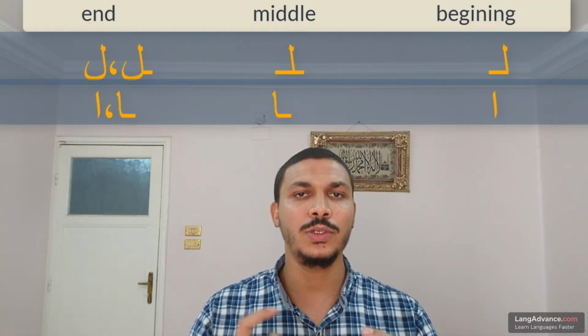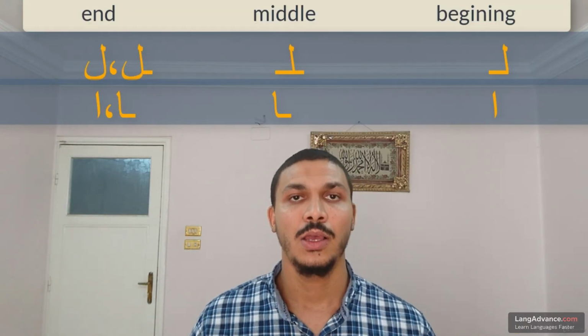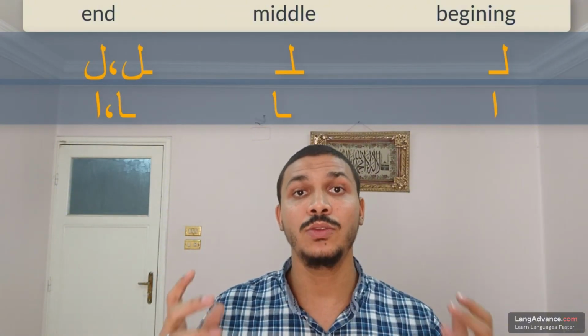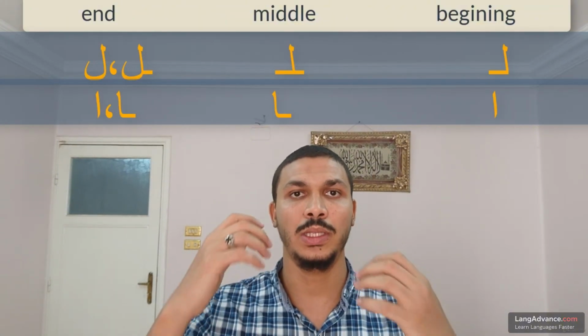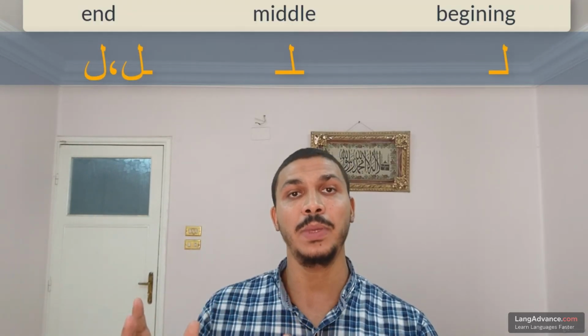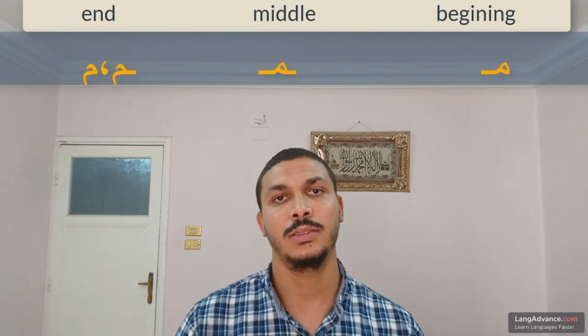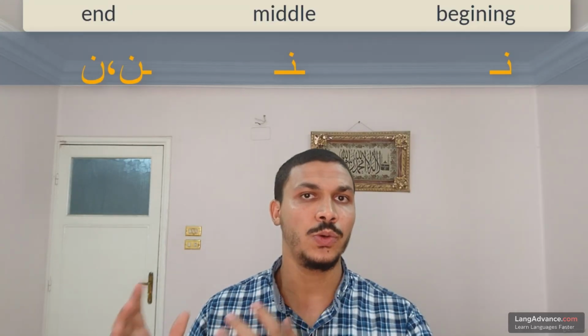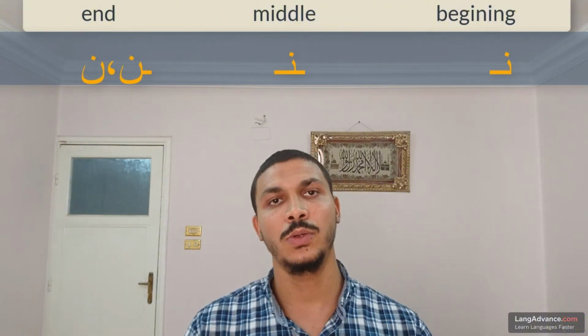So try to understand the differences here. Try to know the difference between lam and alif. Okay, so this is lam beginning, middle, at the end. Mim. Mim beginning, mim in the middle, mim at the end. All right, now noon. Noon beginning, noon middle, noon at the end.